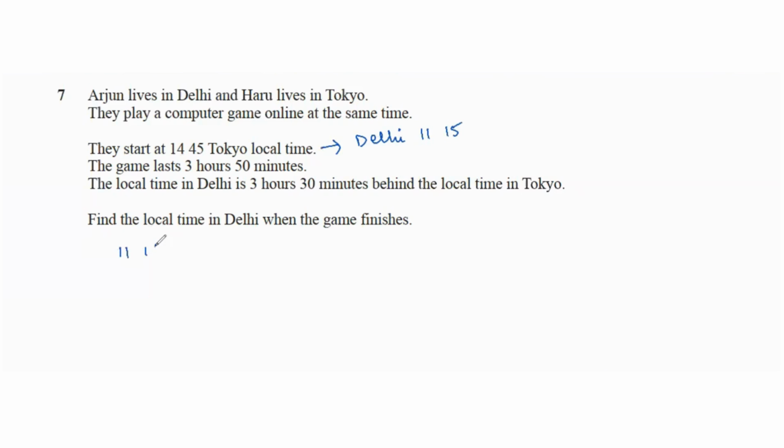So 11:15 plus 3 hours and 50 minutes, that's going to be 65 over here and 14 over here. Since our minutes cannot be greater than 60, we take 60 from 65 and add an hour to 14. So that's going to make it 15, and 65 becomes 5. So 15:05 or 3:05 p.m.